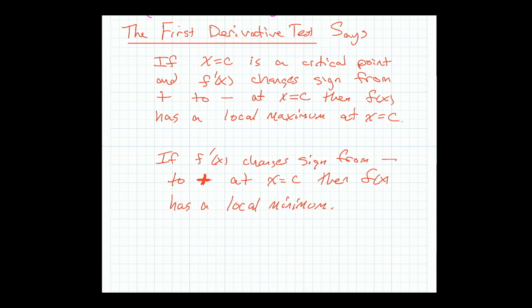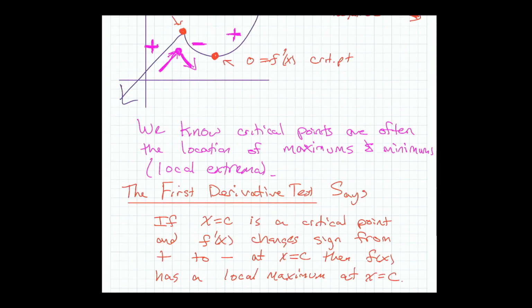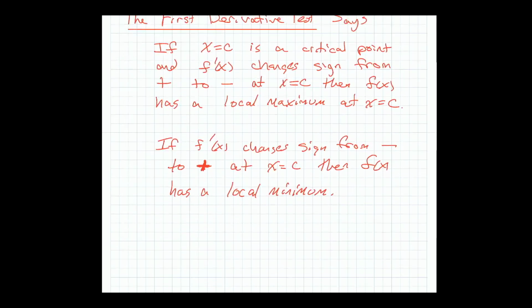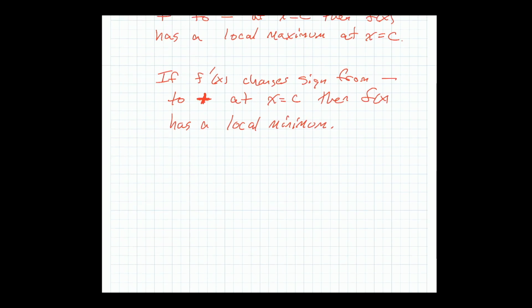But the way you go about solving problems is, you have to be methodical about it to solve problems using the first derivative test. And if you are, everything will be good. And if you aren't, then everything will be bad. Or at least the problems will. All right, so here's a question.